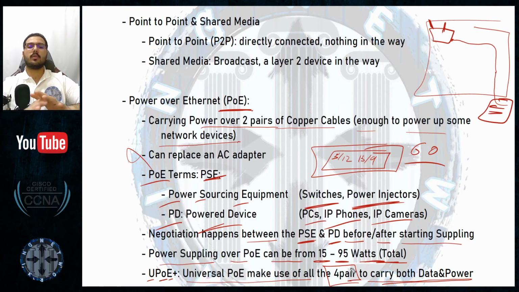No. We will consider all of you equally, and we will treat all 8 wires equally. I will make use of all of you and invest in all of you at the same time. If I see 6 pairs free, not carrying data, I will push power through all 6 of them at the same time. If I see only 4 available, I will use 4 or 2, depending on availability. So this is the idea of Universal PoE Plus. In that way, it can sometimes support a high wattage and a high data transfer rate at the same time compared to the previous types, but it's limited to some models.